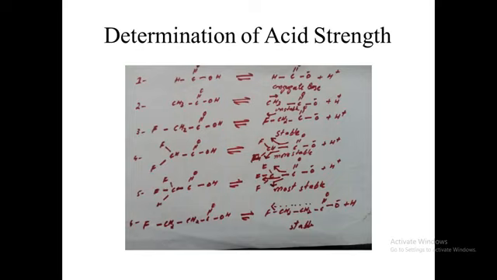Now come to the comparison of equations 3 and 4. What is the different thing in equations 3 and 4? Equation 3 is fluoroacetic acid and the fourth one is difluoroacetic acid. In the case of difluoroacetic acid, when it goes into its conjugate base, difluoroacetate, there are two arrows, two fluorine groups that are withdrawing electron density from the oxygen, and there is less negative charge in difluoroacetate as compared to fluoroacetate.